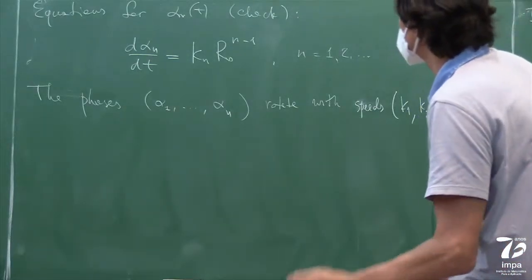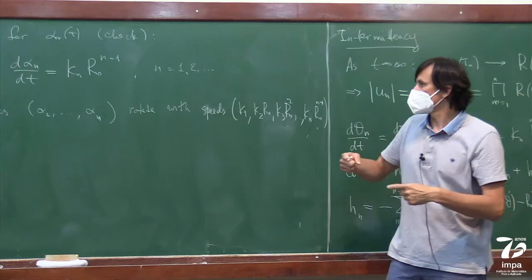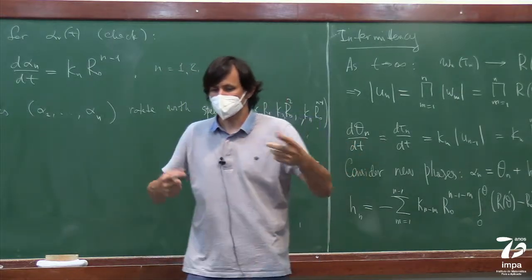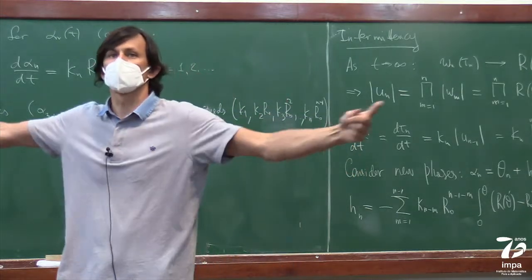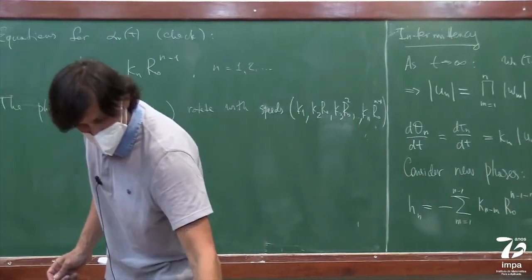And important is to take the speeds different in such a way that each of the phases rotates essentially not in a resonance with any other. And how do you do this?